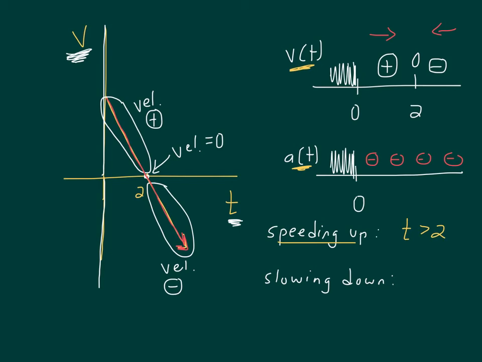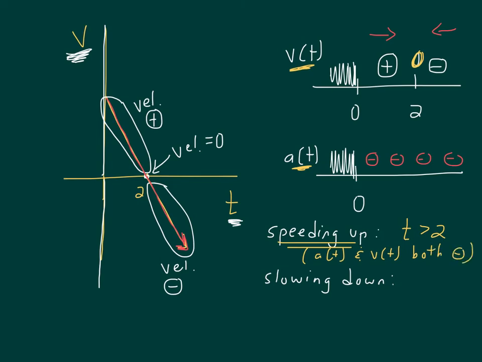Okay, we're not going to include that 2 because up here on our velocity we know that v of 2 was 0. So when the t values are greater than 2, that's when we know this particle will be speeding up. All right, and again, the reason is that acceleration and velocity in this case are both negative.